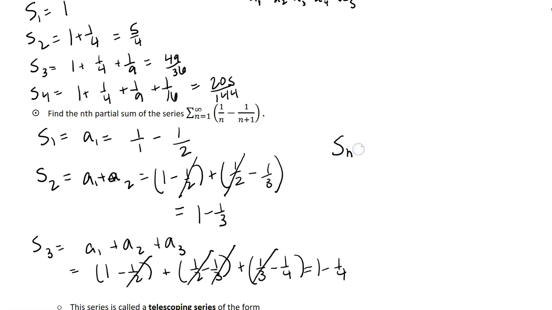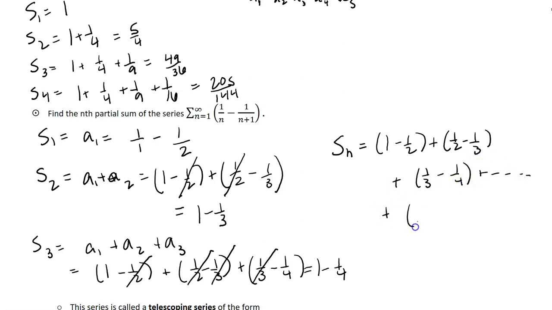If I were to find S sub n, the nth partial sum, this will be 1 minus 1/2 plus 1/2 minus 1/3 plus 1/3 minus 1/4, all the way down to, well, if we want to go all the way to a sub n minus 1, that would be 1 over n minus 1 minus 1 over n.